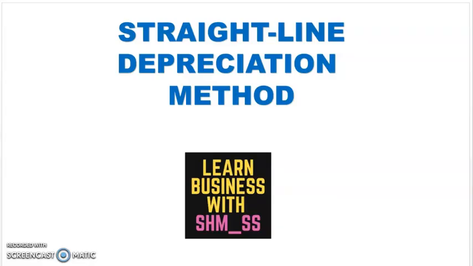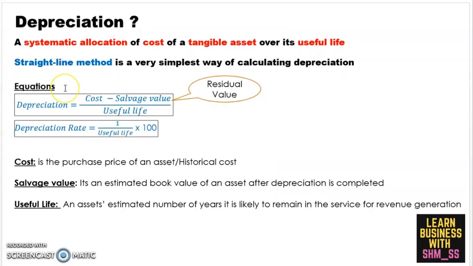Straight line depreciation method. This straight line depreciation method is a very important method and it's a very easy method. So in calculating depreciation, first of all, let us have a look at the depreciation definition.